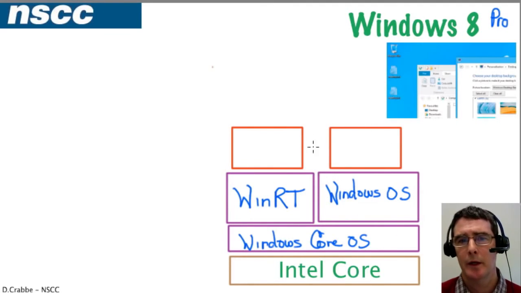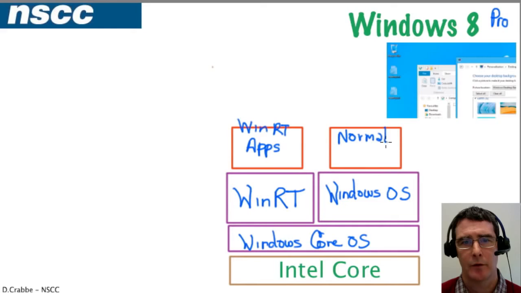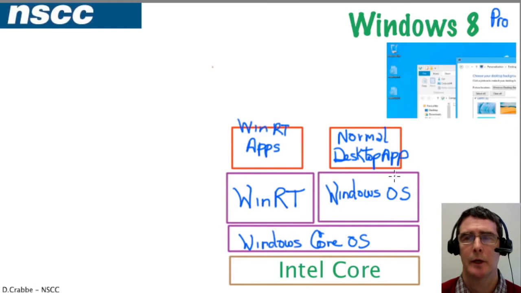Now Windows 8 can then run two different types of apps. It can run a WinRT type of app, or what we'll call a normal desktop app. So in Windows 8 you might have an application like Adobe Photoshop.